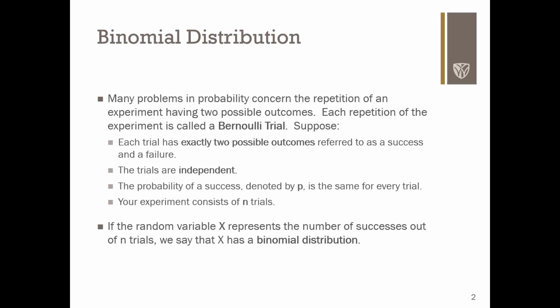We assume some baseline probability or number of defectives that we would expect from a particular factory, and we assume that's not changing from trial to trial. If you have all of those things taken together, then you can define a random variable x that counts the number of successes out of n trials. And we say that x has a binomial distribution. And the parameters of that distribution are n, which is the number of trials, and p, which is the probability of a success.